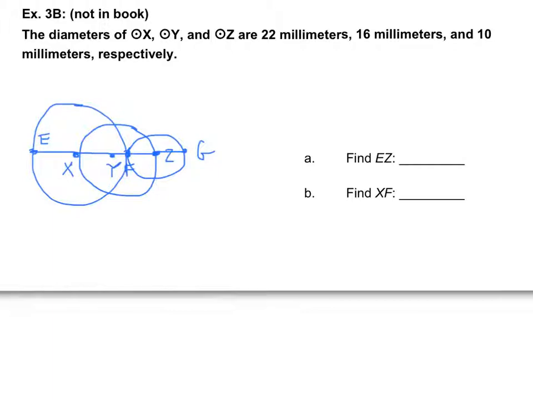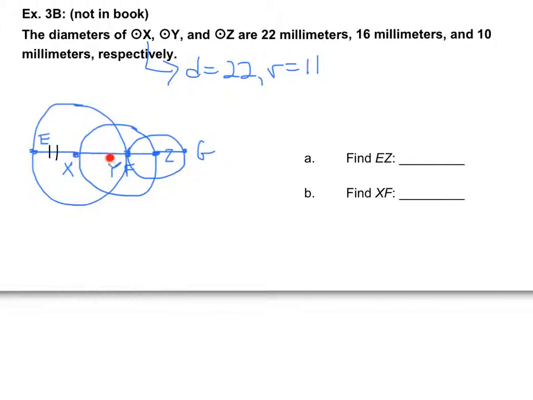If the diameter of circle X is 22, thinking about the first one in the list, then that makes the radius equal to 11. So look at our diagram, guys. That means EX is 11. That also means that from X all the way to the edge of that big circle is 11.